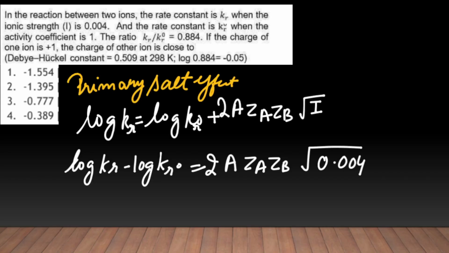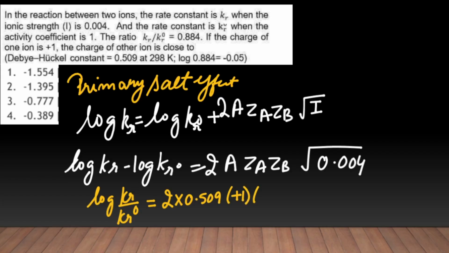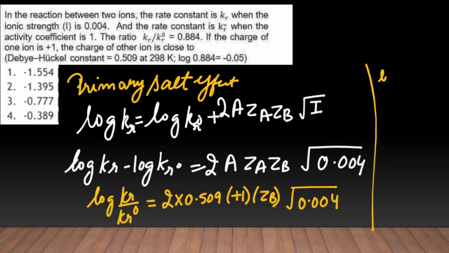So now log of Kr upon Kr naught equals 2 times the Debye-Huckel constant value, which is 0.509, times the charge on one of the ions, which is plus 1, times the charge on the other one, ZB, which we have to find out, into the root of 0.004. This ratio Kr upon Kr naught is given as 0.884.